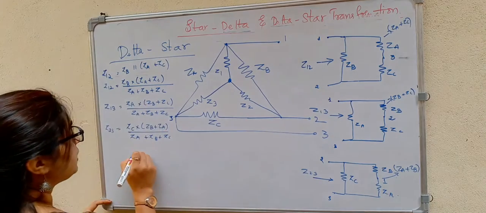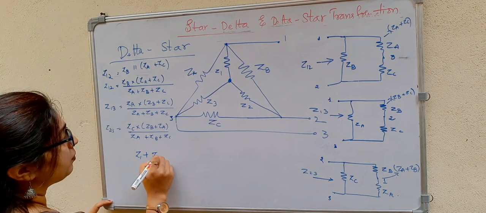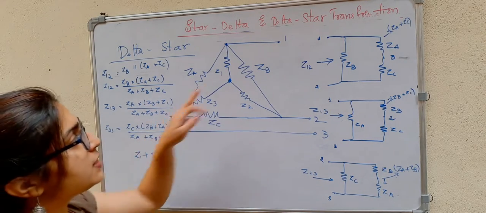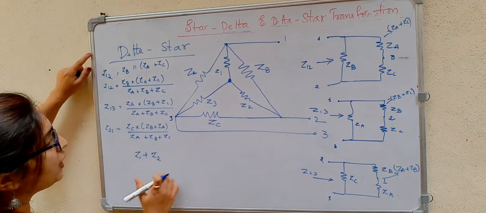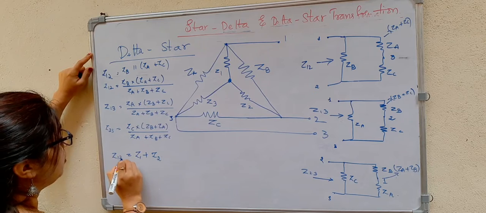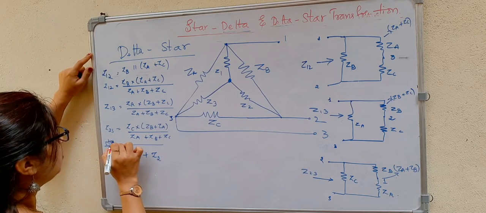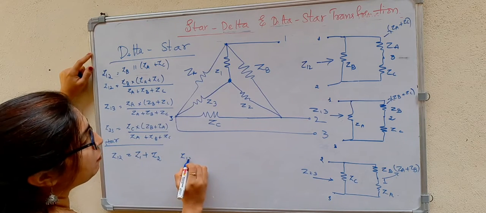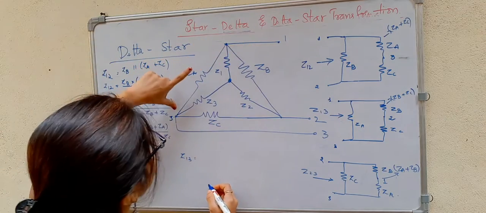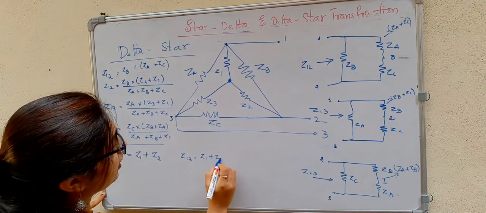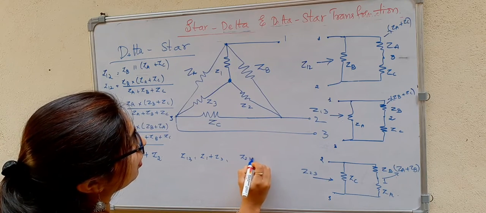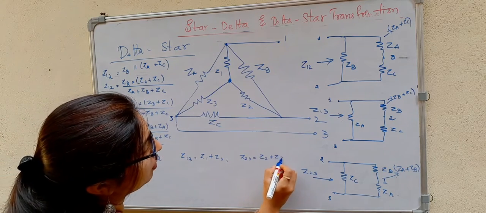So that will be Z1 plus Z2 in the star combination, and that is your Z12. Next we have Z13. Between 1 and 3, in the star combination, it will be Z1 plus Z3. Next Z23 will be Z2 plus Z3.